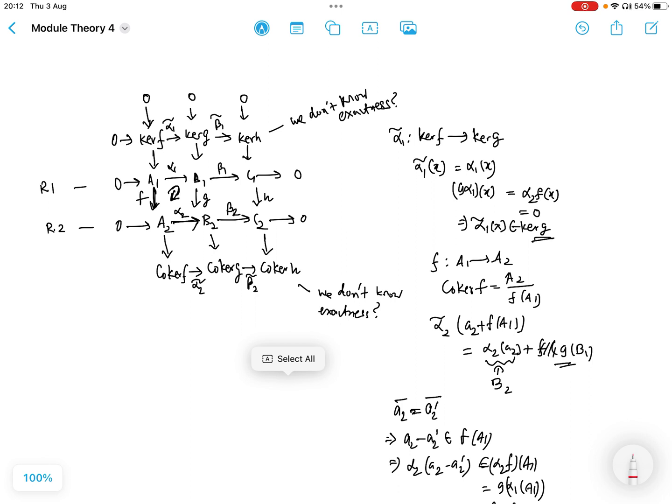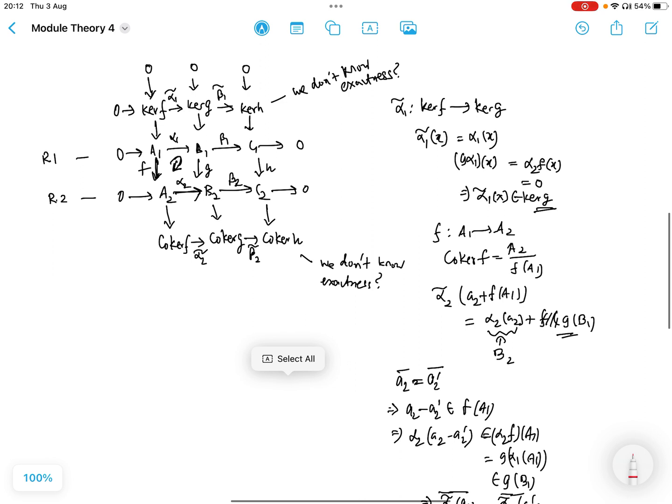And not only that, we'll also show that this kernel of H can be mapped, or you can produce a map, to this co-kernel of F. Let's call it delta. This is sometimes called the connecting homomorphism or attaching homomorphism. So you are connecting kernel of H to the co-kernel of F. This looks something like a snake.